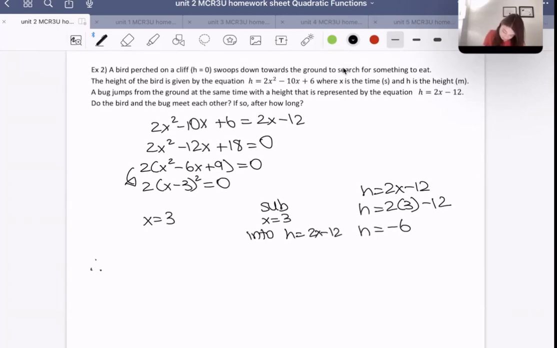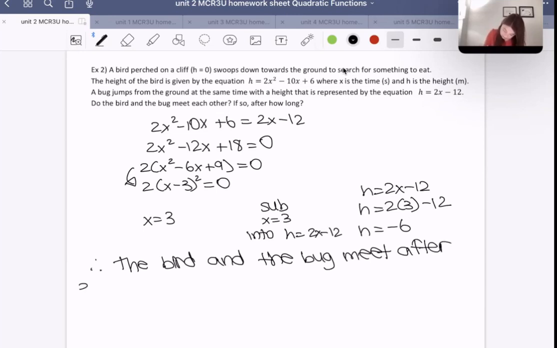That therefore, the bird and the bug do meet after 3 seconds at height negative 6 meters.